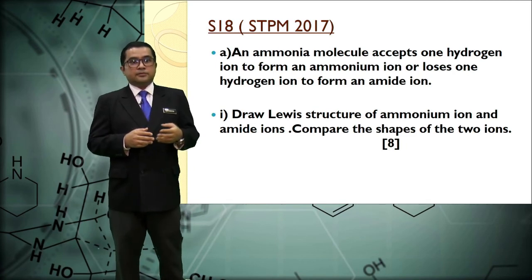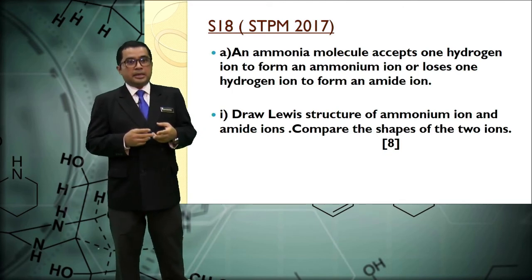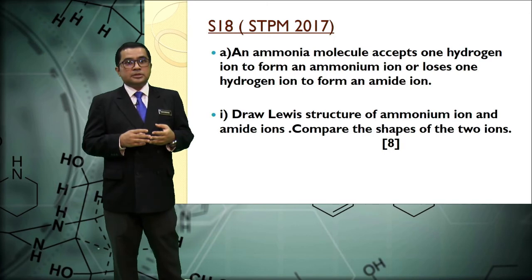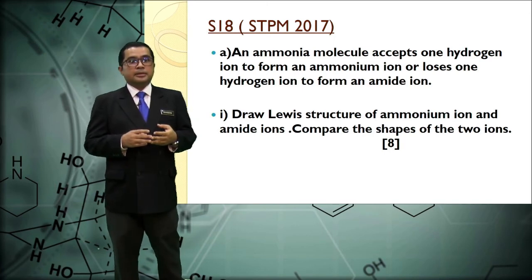The question is, draw the Lewis structure of the ammonium ion and the amide ion, and then compare the shapes of the two ions. The total marks given for this part A is 8 marks.